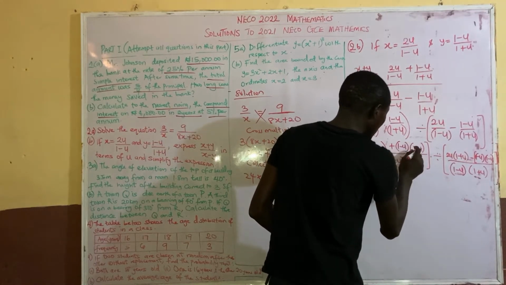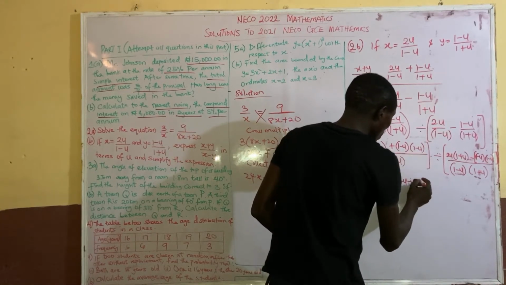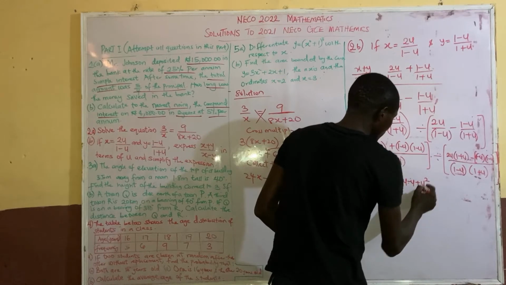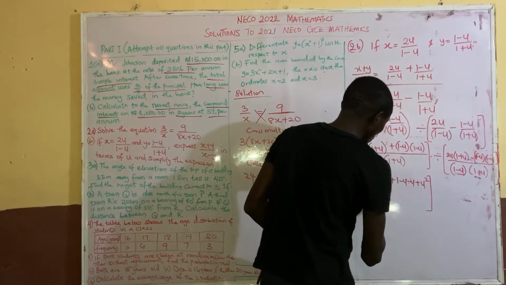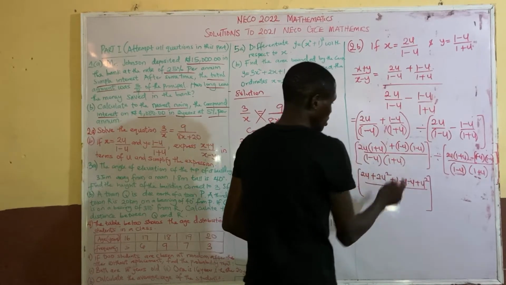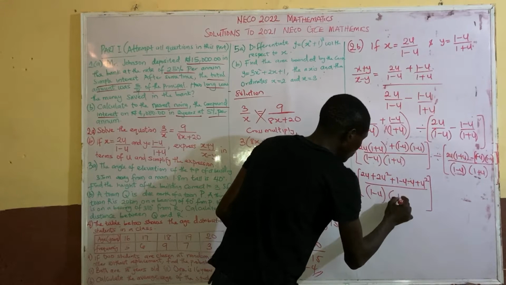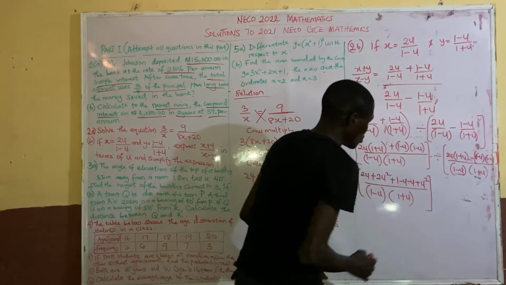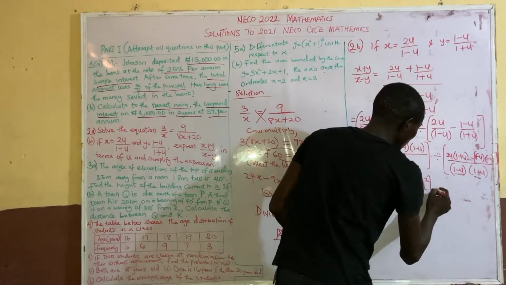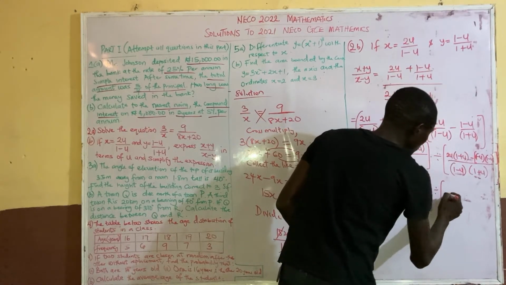Minus u times 1, minus u. Minus u times minus u, plus u squared. So that's that. I'm going to expand this because this one will cancel out later. So we have 1 minus u into bracket 1 plus u, bracket close, divided by bracket. Now also do the same thing to this one by expanding.